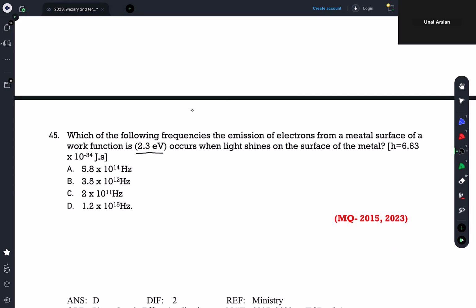So let's calculate the minimum frequency of the photon by using h times f is equal to the work function. At that frequency, it is the minimum frequency of the photons that causes the electron ejection.